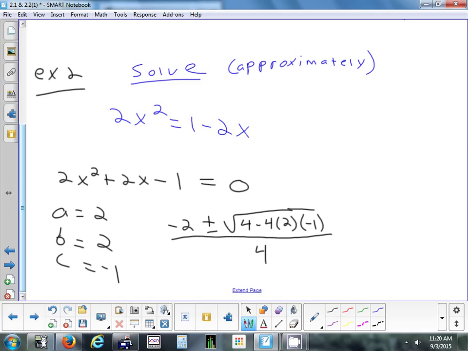What I'm going to do right away, since I have minus a minus, those are going to cancel each other out and become positive. And I get negative 2 plus or minus the square root of 4 times 2 is 8, 8 times 1 is 8, 4 plus 8 is 12. And we were expecting a number we couldn't take the square root of, because if we got a nice integer answer here, we probably would have been able to factor it.